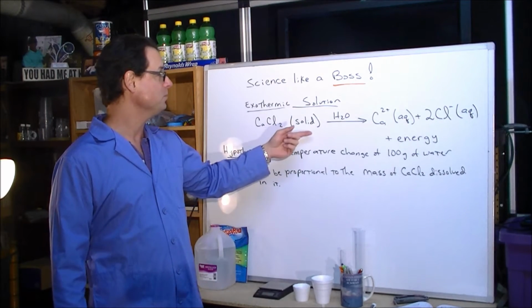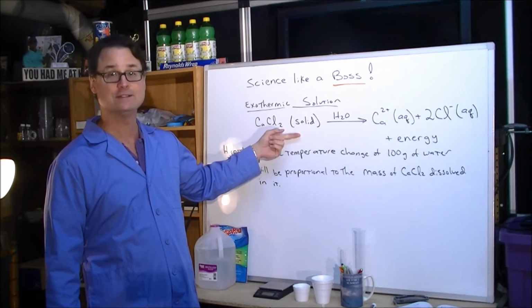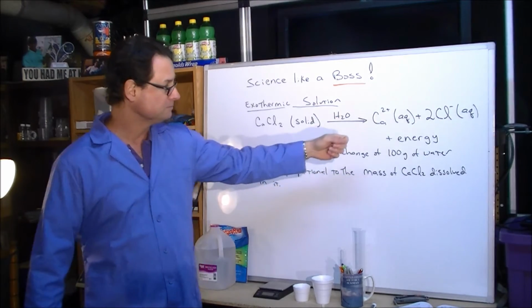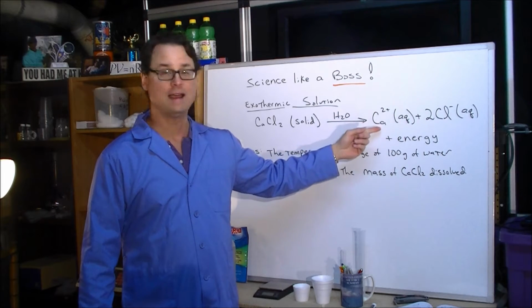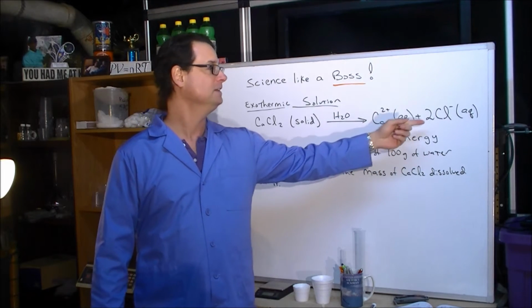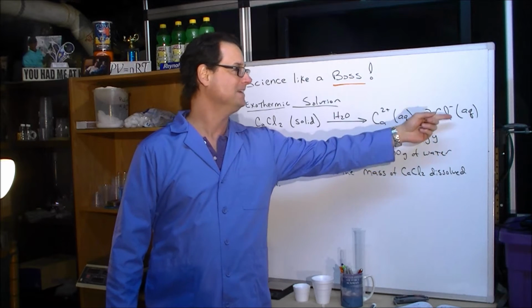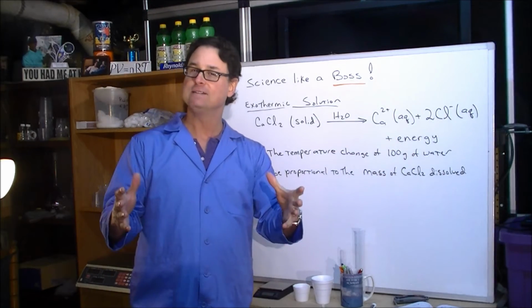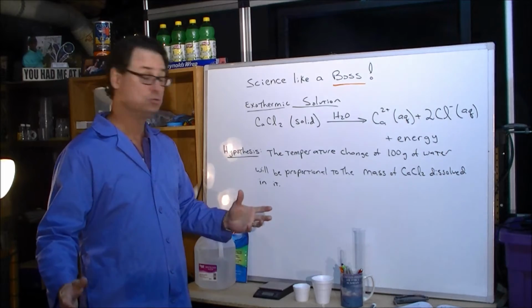Well, we have an exothermic solution dissolving calcium chloride, which starts as a solid, dissolving it in water, and this yields calcium ions in aqueous solution, chloride or chlorine ions in aqueous solution, plus energy. And it's that release of energy that makes it an exothermic chemical change.